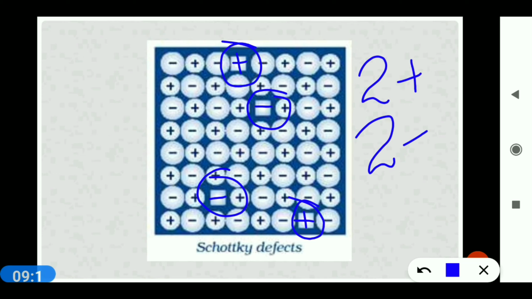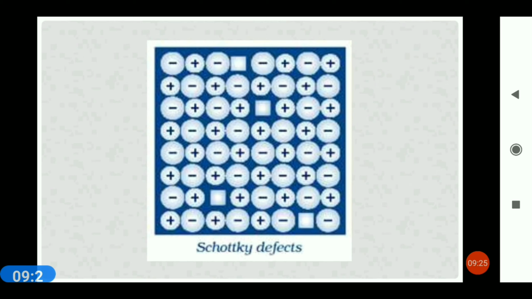Therefore, the electrical neutrality of the crystal will be balanced. But because of the absence of these cations and anions, the density decreases.